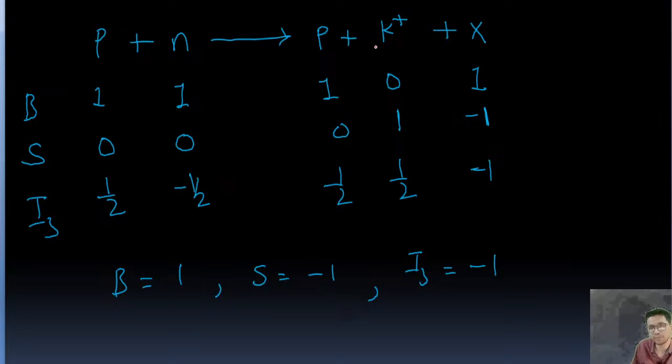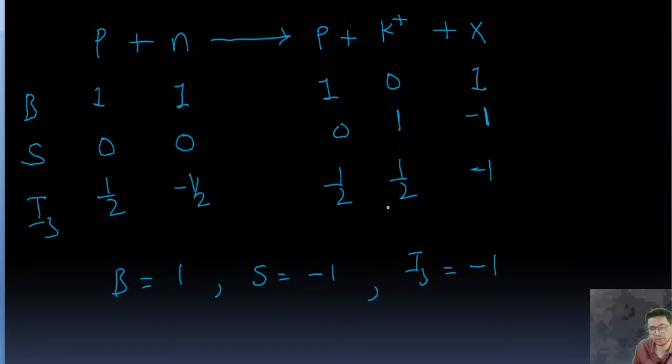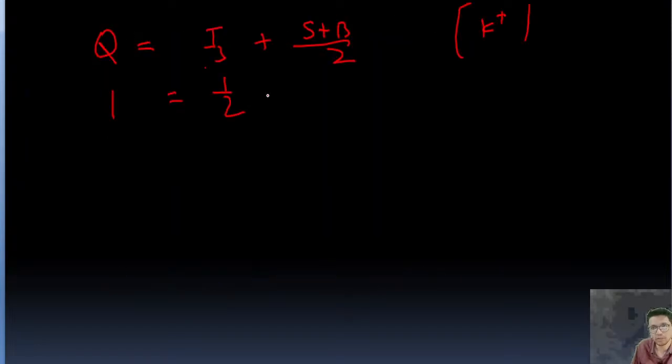So for example, if you want to find out the strangeness for the kaon, the charge is K plus, right? For K plus, the charge is 1. The I3 component for this is 1 by 2. I have explained this 1 by 2, right? 1 by 2 plus strangeness, which we don't know, and the kaon is not a baryon, means the value is 0 by 2.